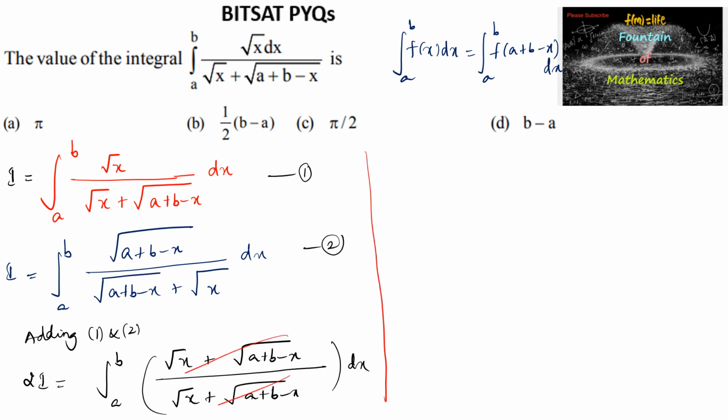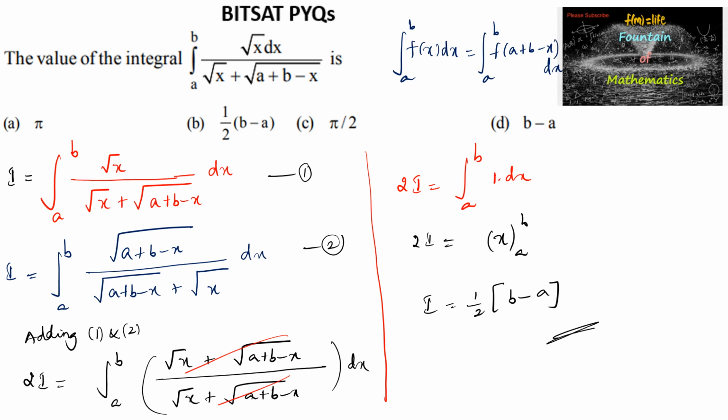So we get 2I is equal to integral a to b 1 dx, and integration of 1 dx is x over the limits a to b. So I is equal to 1 upon 2 times upper limit b minus lower limit a. So half of b minus a is the answer, and we can go with option B.